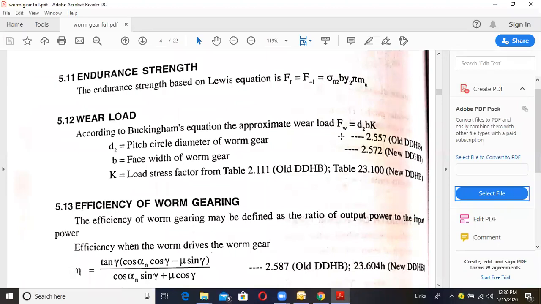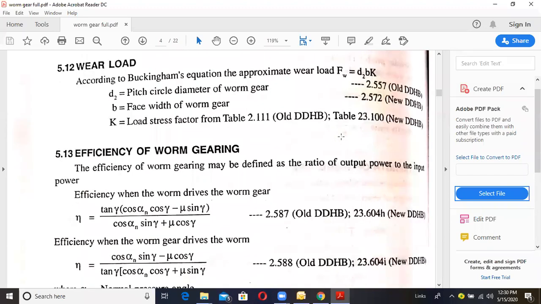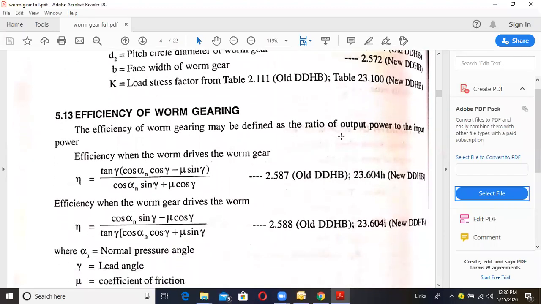But after calculating all these things, in spur gears we calculate the hardness. Here we are not calculating the hardness. We are calculating the values: how much dynamic load is acting, how much wear load is acting, and how much endurance strength is acting.